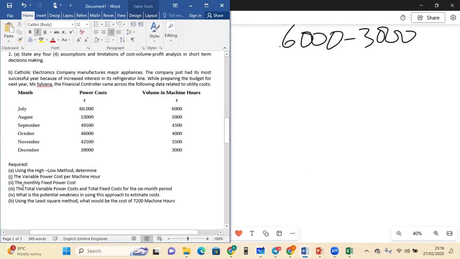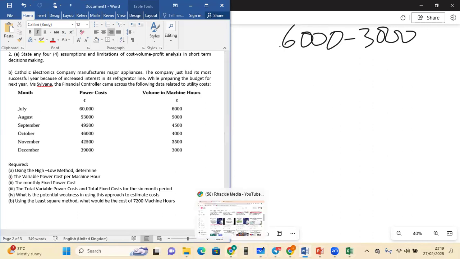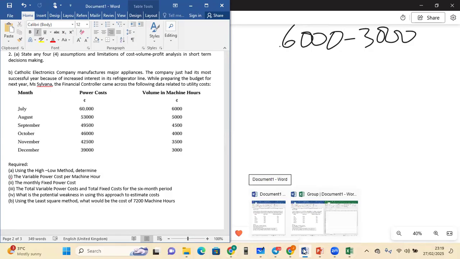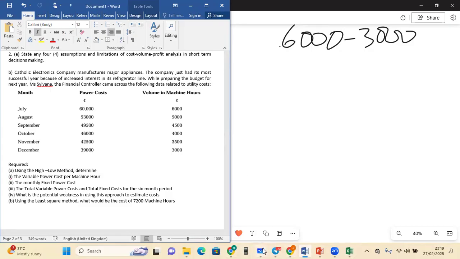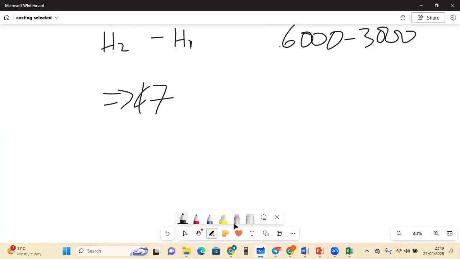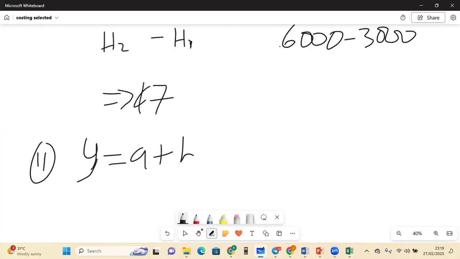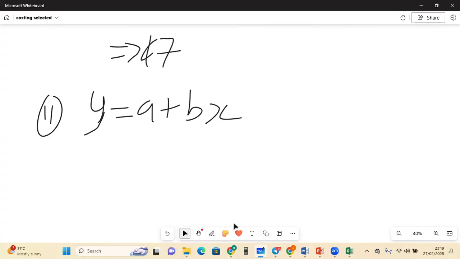Now II is asking us to compute the monthly fixed cost. If we've been able to get the variable cost, we can get the fixed cost. So remember we said y is equal to a plus bx, with y being the total cost, a being the fixed cost, b being the variable cost per unit, and x being the activity level.